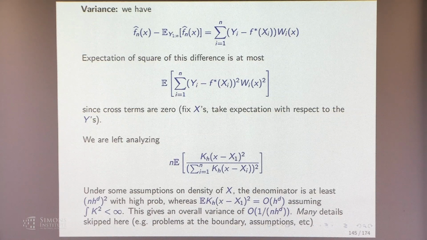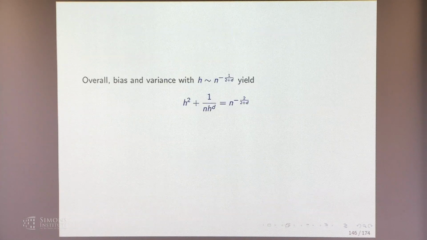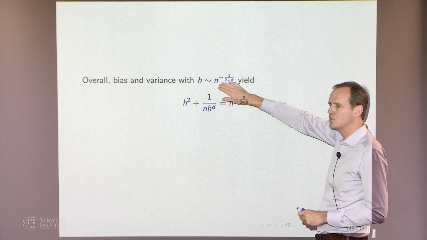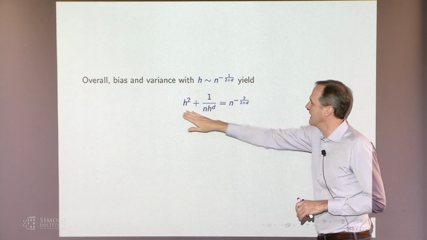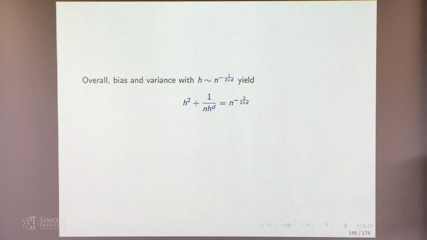When we plug that in, for an appropriate choice of h, this bandwidth parameter, we get a sum of two terms that is like n to the minus 2 over 2 plus d, which is the same rate we saw in the nearest neighbor case.